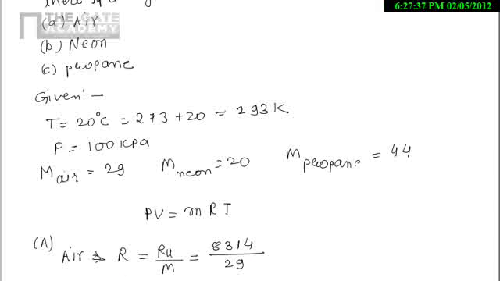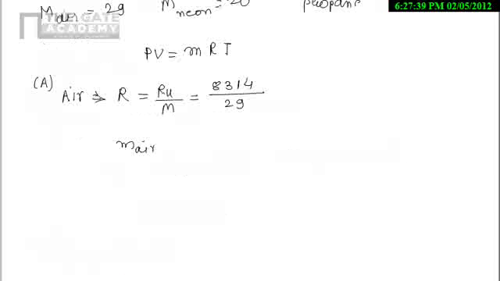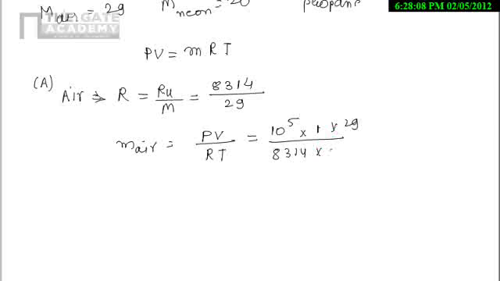Now to calculate the mass of the air, we have to write PV divided by RT. P we are having 100 kilopascal, that is 10 to the power 5, into volume, that is 1 meter cube, R is 8314 by 29, and temperature 293. So mass is coming 1.19 kg.